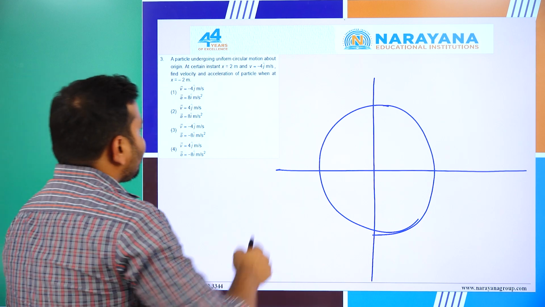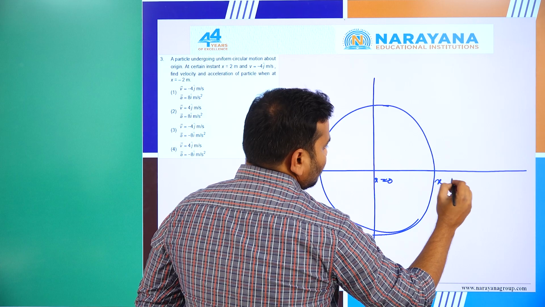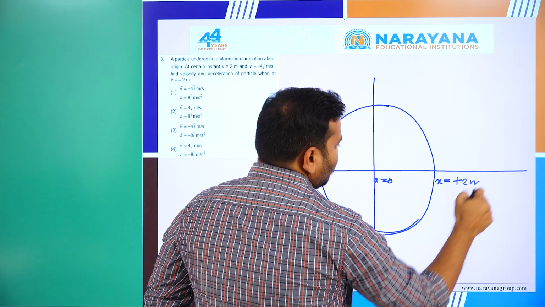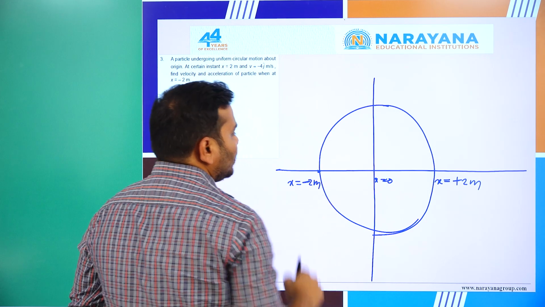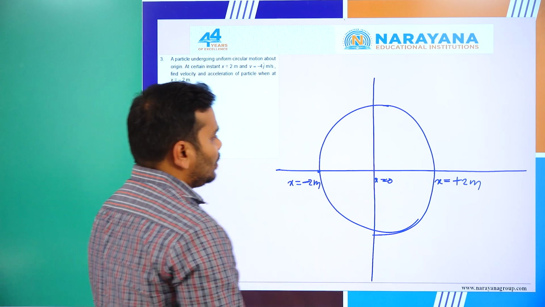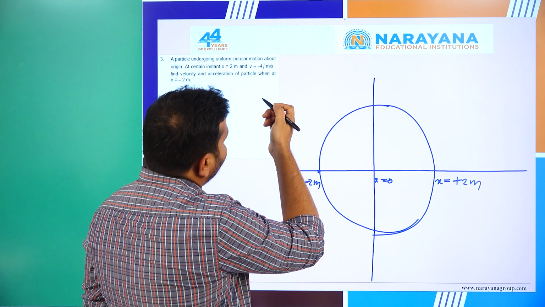This is x equal to 0, this is x equal to plus 2 meter, and this is obviously x equal to minus 2 meter. At x equal to 2 meters, the velocity is given as v equal to minus 4 j cap.